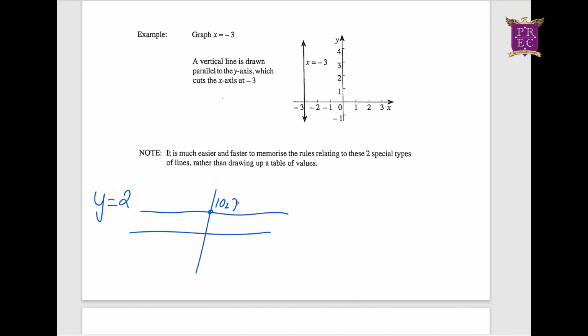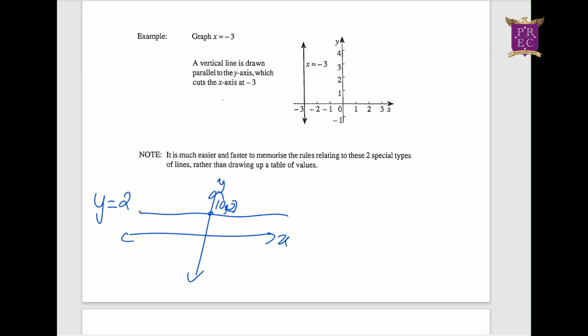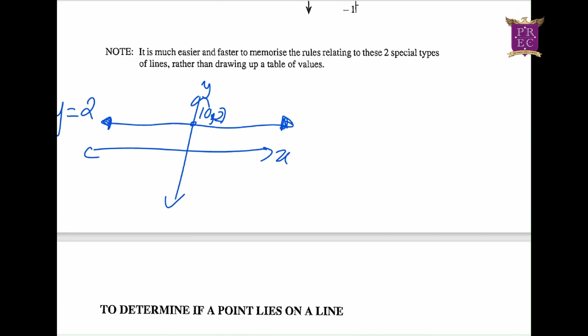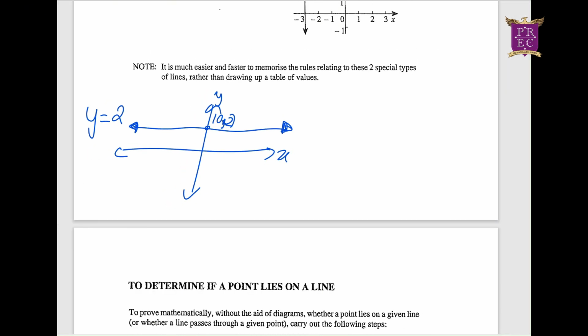Okay? And the line will keep going on. Okay? And let's say the x value was, hold on. Let's say the x value was -3, it will be something like this. The x-intercept will be there, and the line will keep going on.